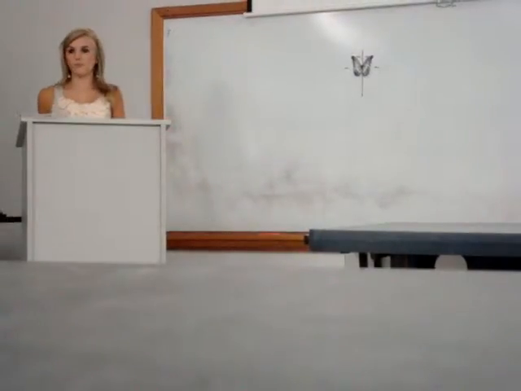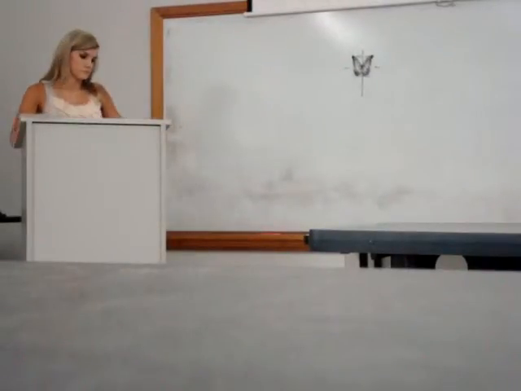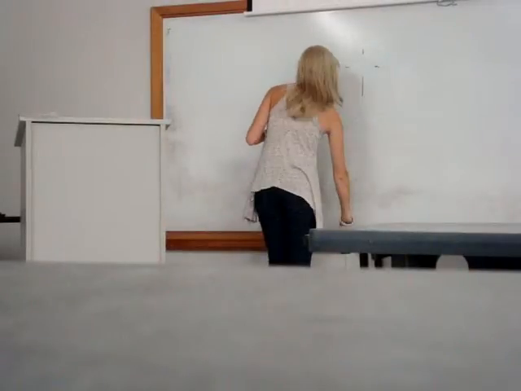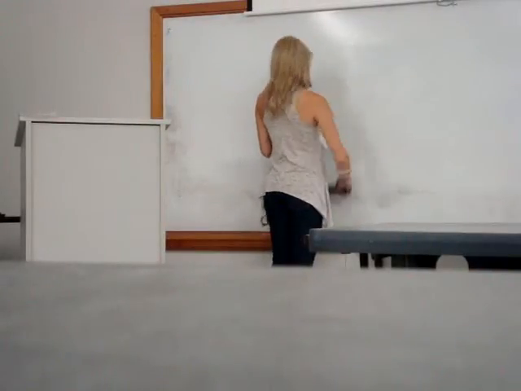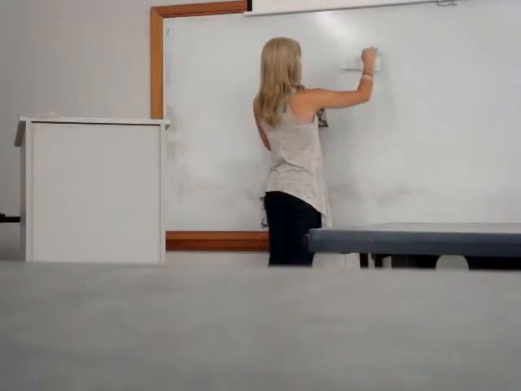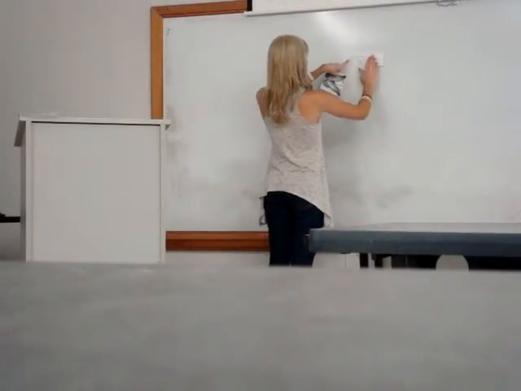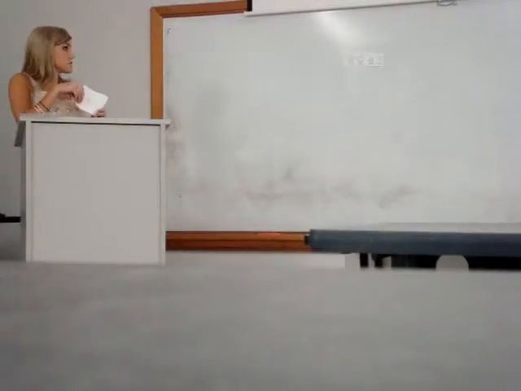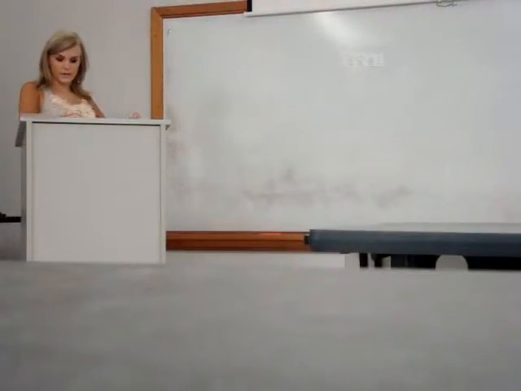Let's look at another example. In this picture, I have 4 different shapes that we're going to look at. In the first picture, we can see that there are no lines of symmetry.